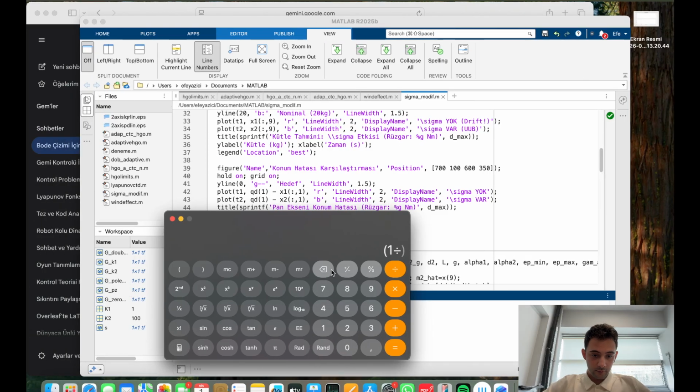So 20 times log 10 of 0.2, right? We had 0.2. That is minus 13, or let's say minus 14, okay? For convenience, let's say minus 14.